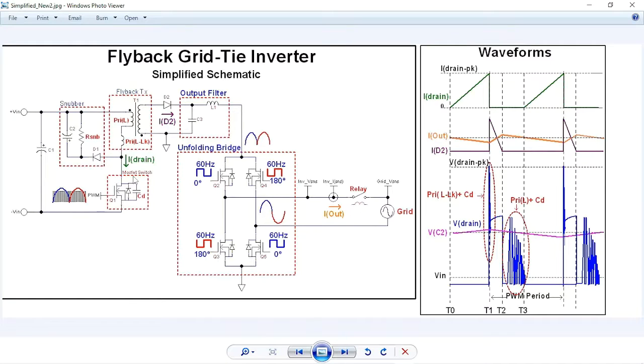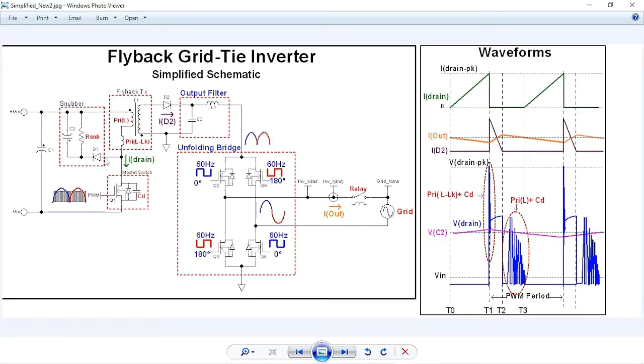And then at the same time, it's resonating with this drain capacitance. So this leakage inductance and this drain capacitance form a resonant circuit. So not only is it peaking, but you're oscillating as well. That's the job of the snubber. So when the voltage rises above the level of V in, diode D1 becomes forward biased.